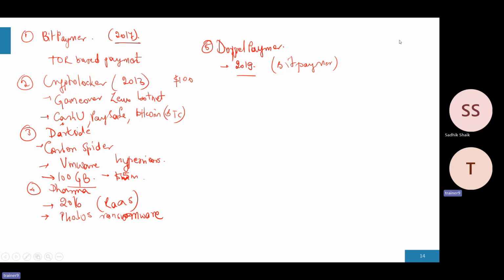But it also had a URL similar to BitPaymer, a Tor-based payment portal, and had a keyword key to identify the encrypted key and the data. There were other incidents, like for example, you have GandCrab.